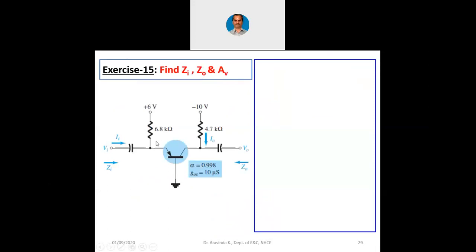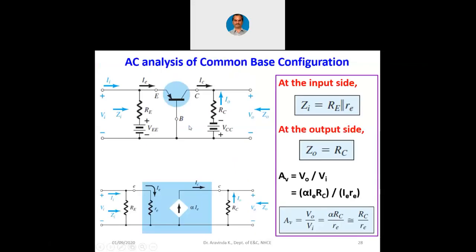Naturally, for a PNP transistor, the power supply has to have a positive terminal on one side, and at the other side a negative terminal. Why? Because in case of a PNP transistor, DC current flows into the emitter, and DC current flows out of the collector. That is why this particular symbol is given. Let me go back to the previous slide.